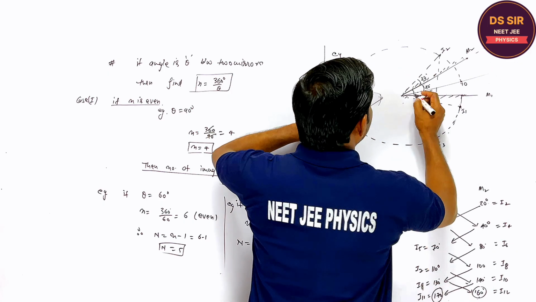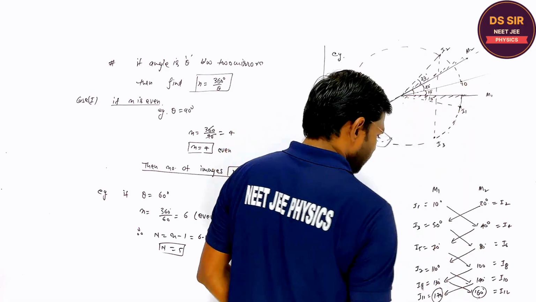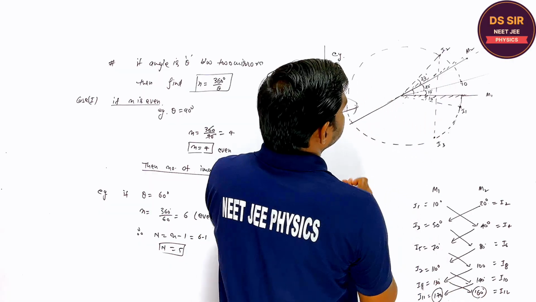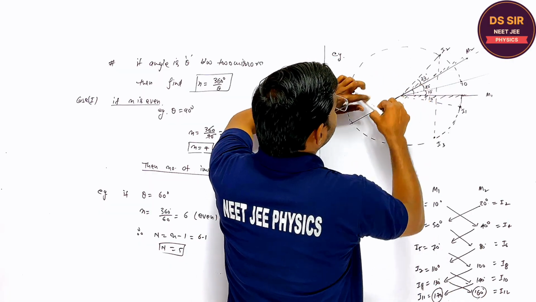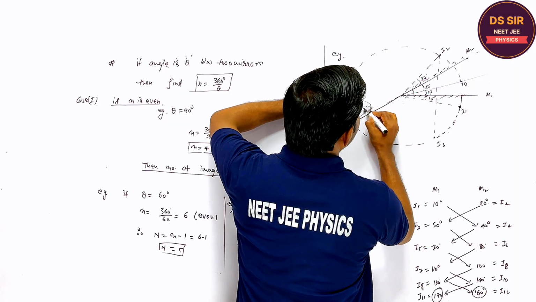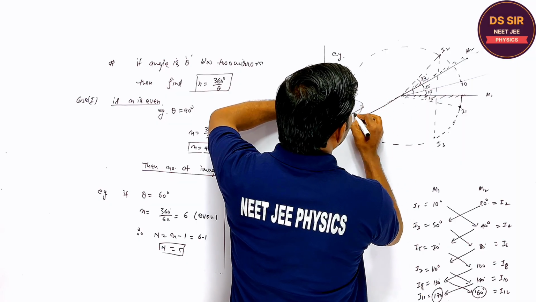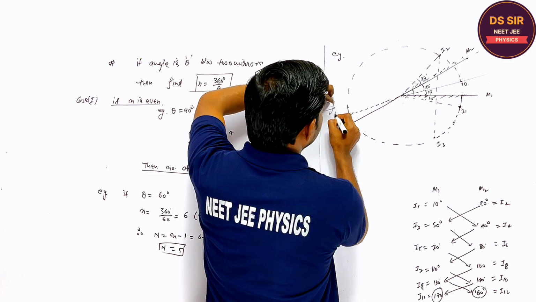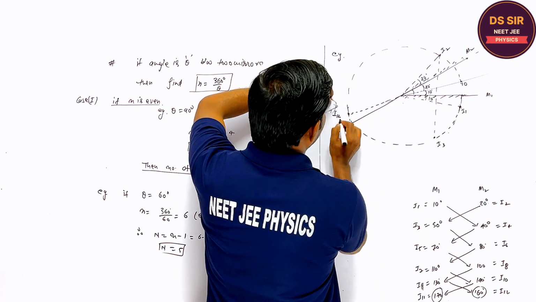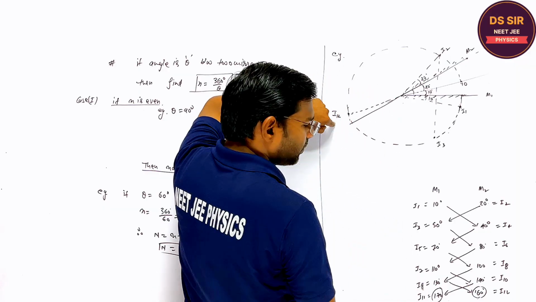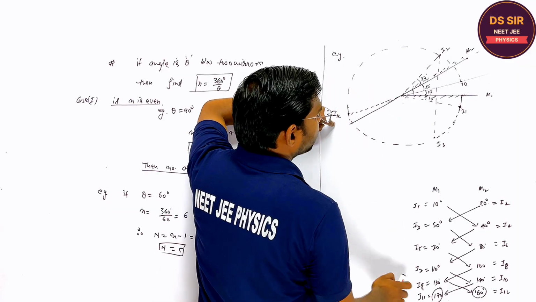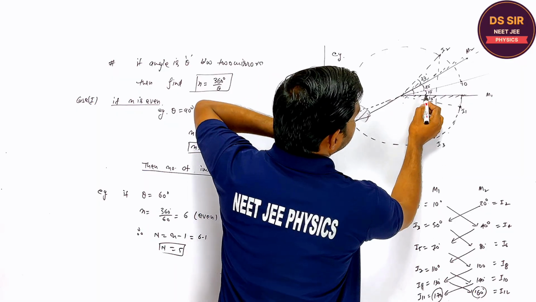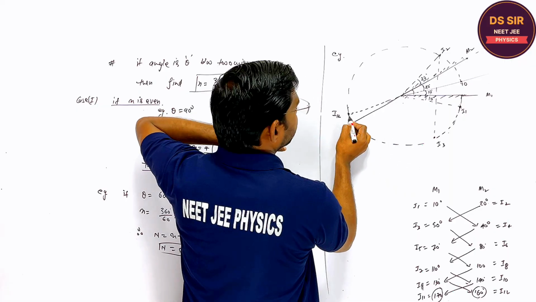Listen one thing, if you consider this is the mirror M2 at 160 degree, this is the 180 degree, and 160 degree is this point, suppose, here the image I12 is formed, and the final image obtained by this mirror is at 170 degree, like this.